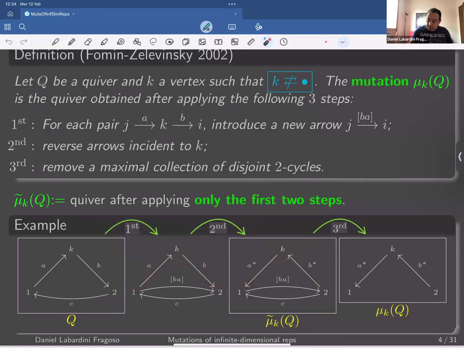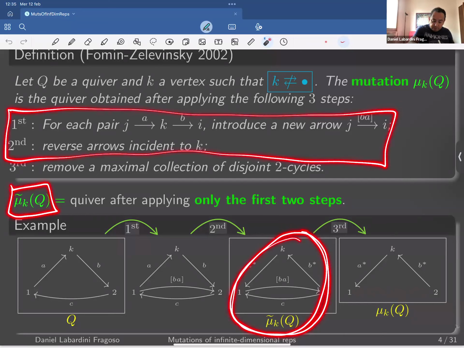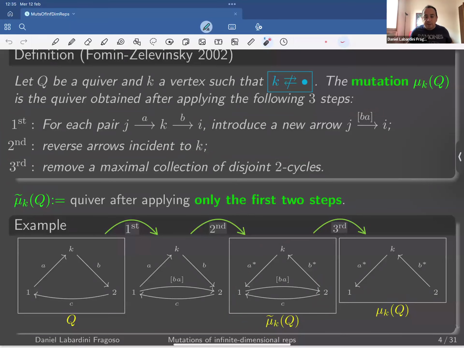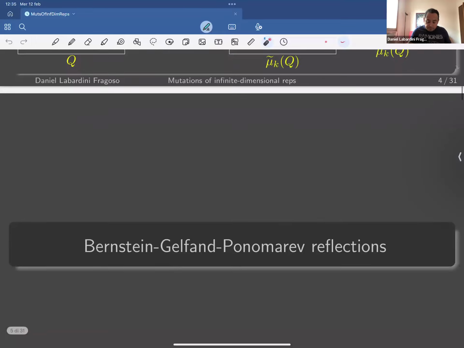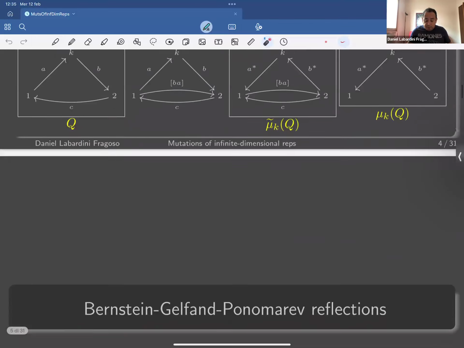And in the third step, one looks for two cycles. Here there's one, and one erases it. And here is this quiver that, for technical reasons, I have to keep track of in the process. Okay, so that's the definition of quiver mutation.